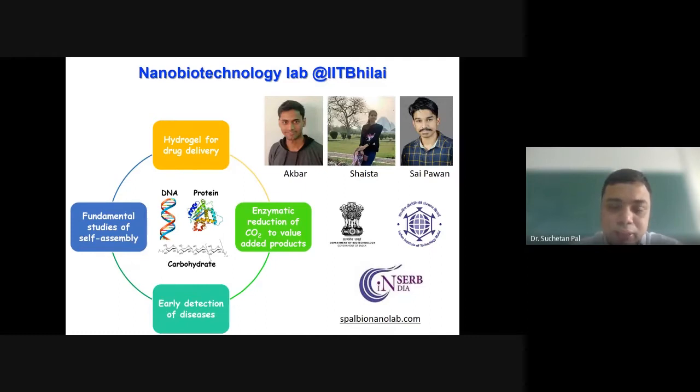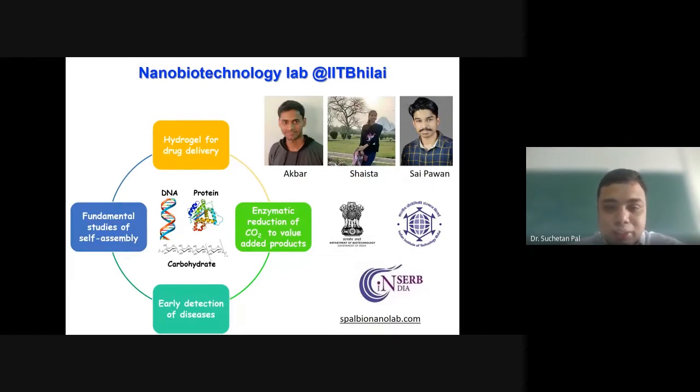Also, we are interested in early detection of diseases, for example, cancer, whether we can detect this cancer in early stages before you have symptoms of this disease. And also, we are interested in how to convert carbon dioxide to some polymer out of this platform and reduce the carbon dioxide emission and use it for some product development.